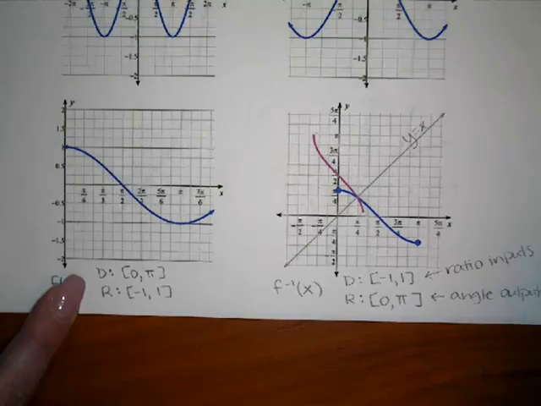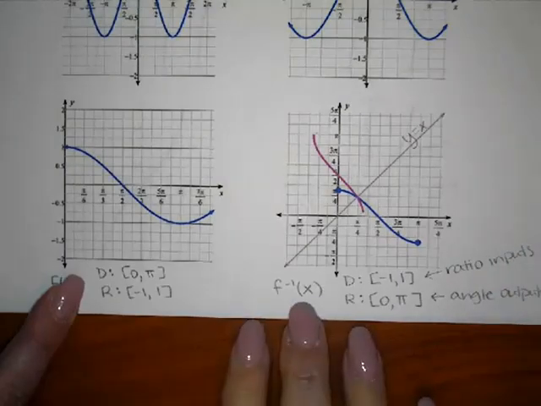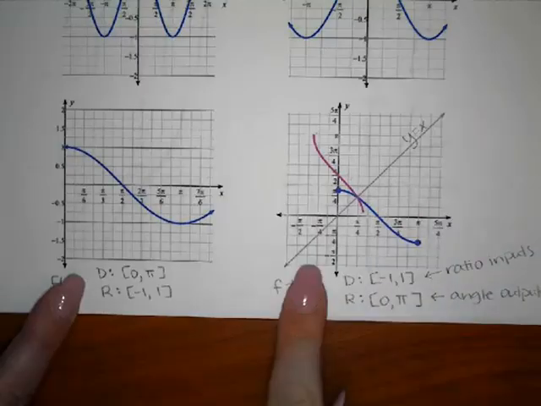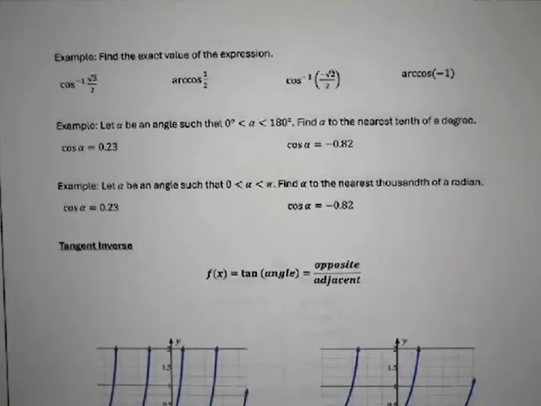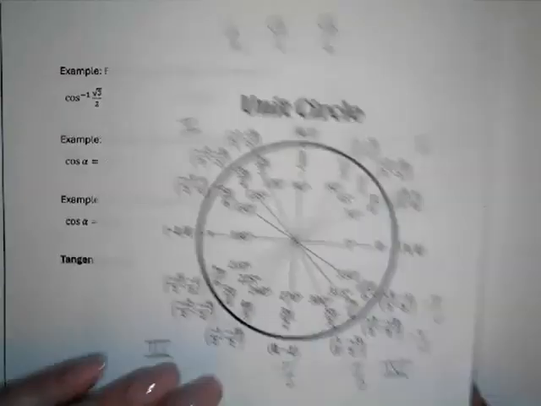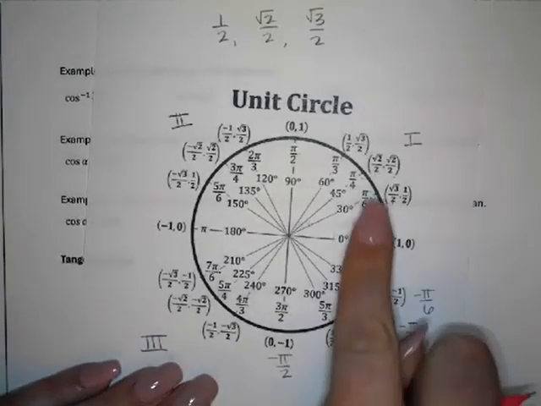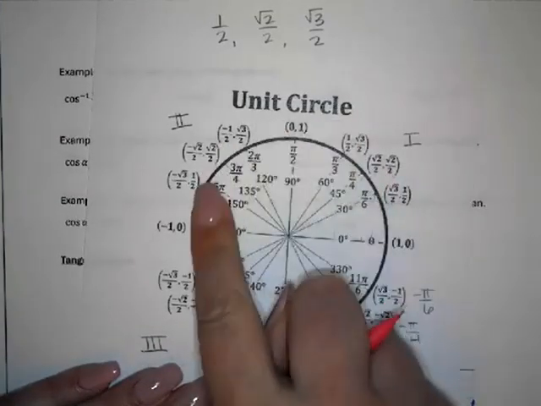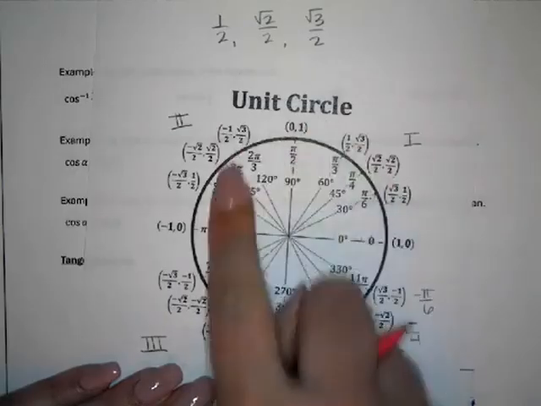So if we are going to take this information and think about using it to solve some problems, that means that when we look on the unit circle to solve some problems, we're going to have angle outputs that are between 0 and pi. And the angle outputs that are between 0 and pi are up here in quadrants 1 and 2. So that's where we're going to look for cos inverse.